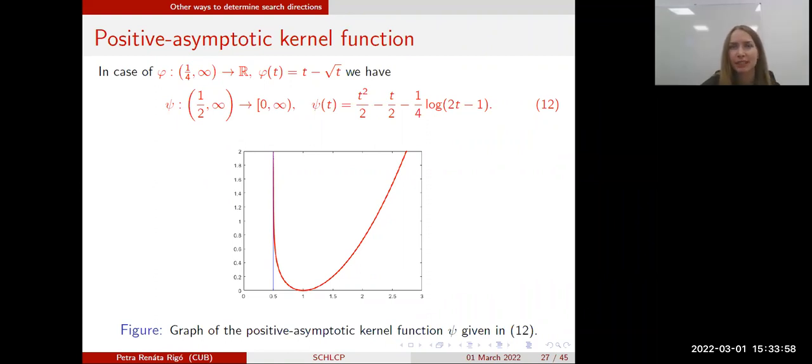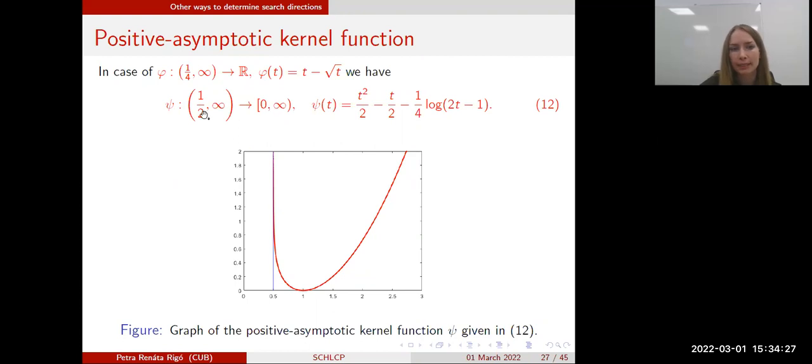But it's not the usual kernel function in the sense that kernel functions are convex, and if psi(1) equals 0, they tend to infinity as t tends to infinity, but they usually had a vertical asymptote in 0, so they were defined on the whole zero to infinity interval.